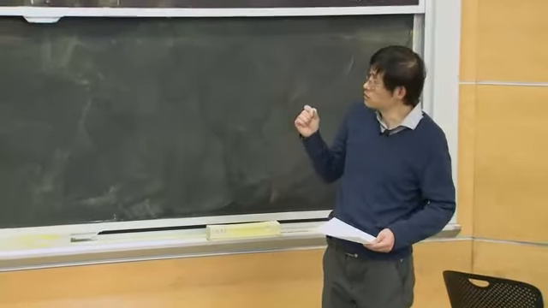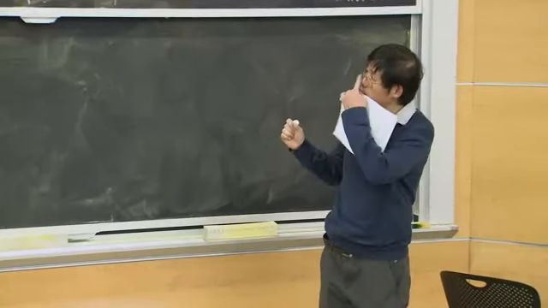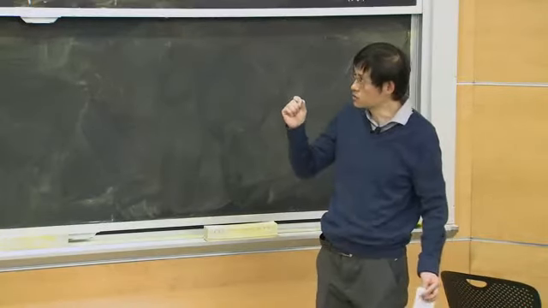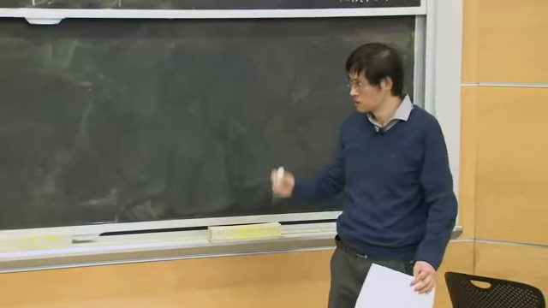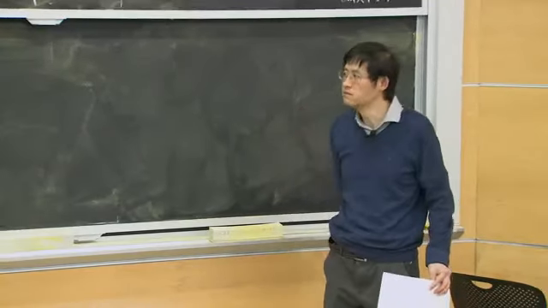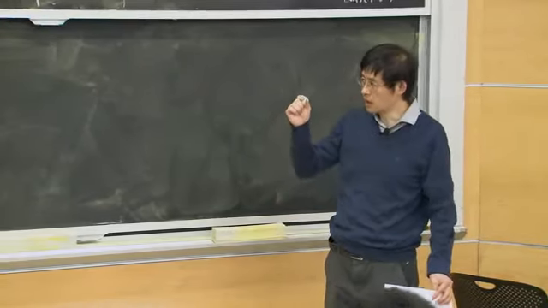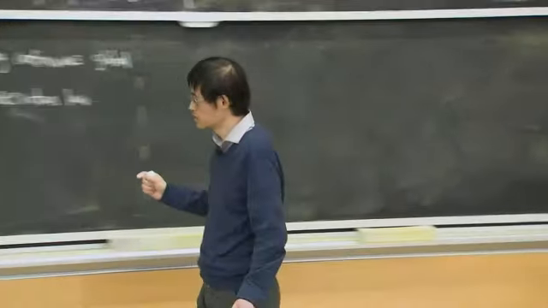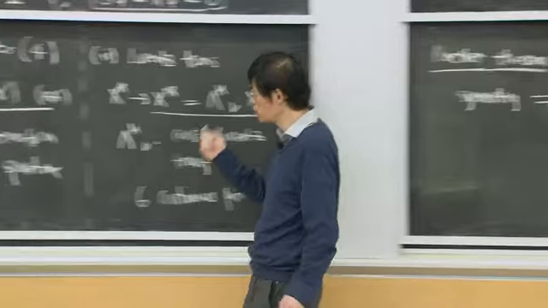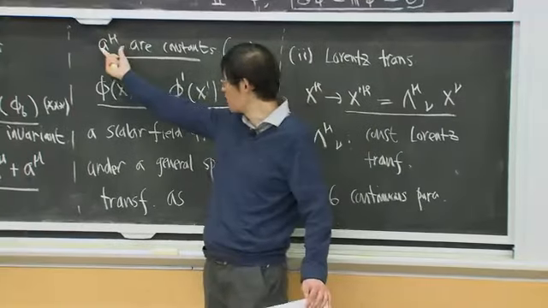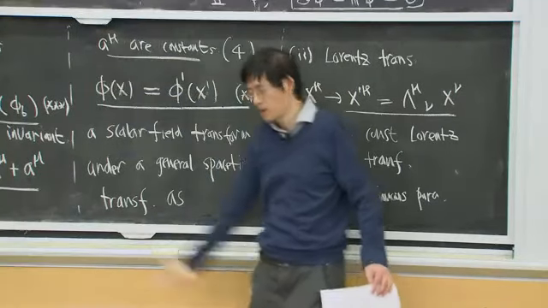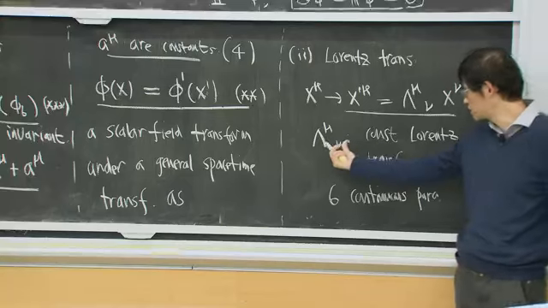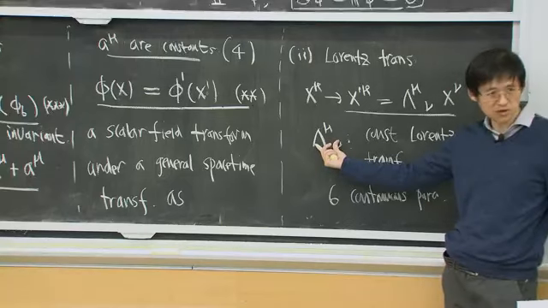So an important aspect of a continuous symmetry is that because you have a continuous parameter, you can continuously relate it to the identity. The trivial transformation is when you don't transform at all, so A mu is equal to 0, and lambda mu is the identity matrix.